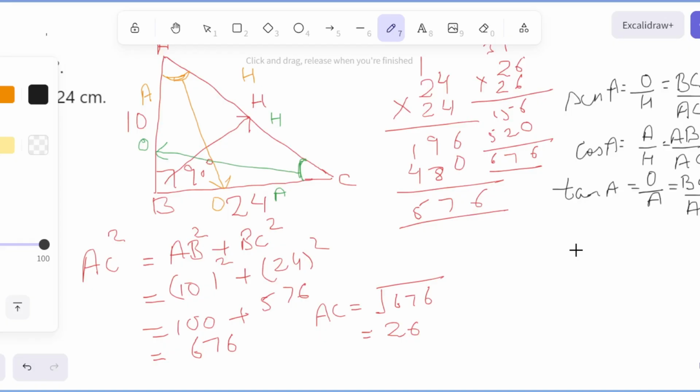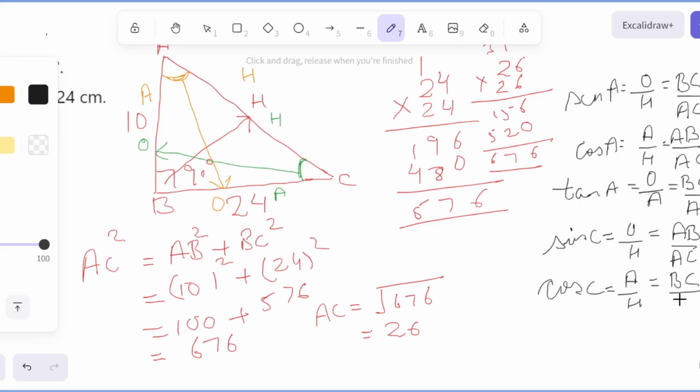Now let's find out sine C also, though they haven't asked. Sine C is opposite upon hypotenuse, but this time the opposite is different. For angle C, the opposite is AB, so AB upon AC, hypotenuse fixed. So 10 upon 26. Cos C, adjacent upon hypotenuse, and adjacent in this case is BC.